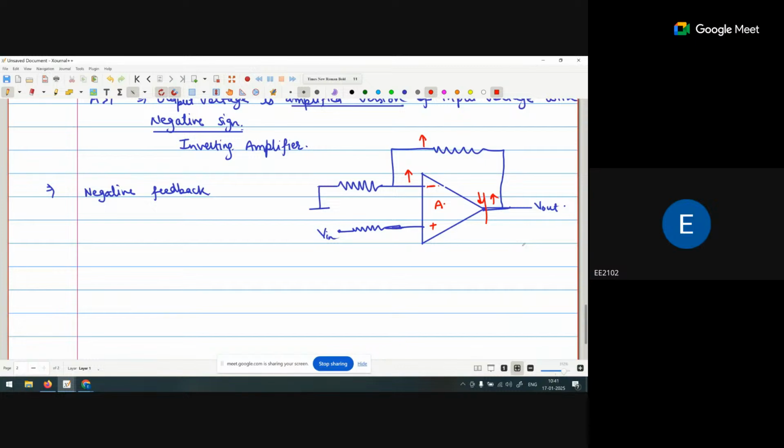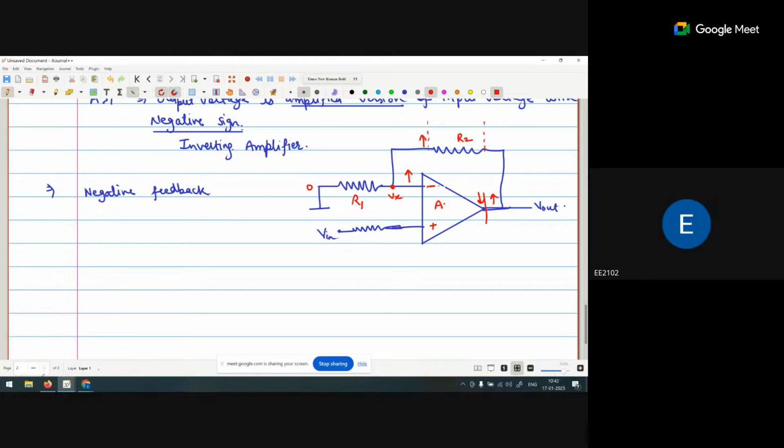Okay. Now, if this is the R1, this one is the R2. What is the voltage drop at this point? Vx. This is 0 volt. Okay.